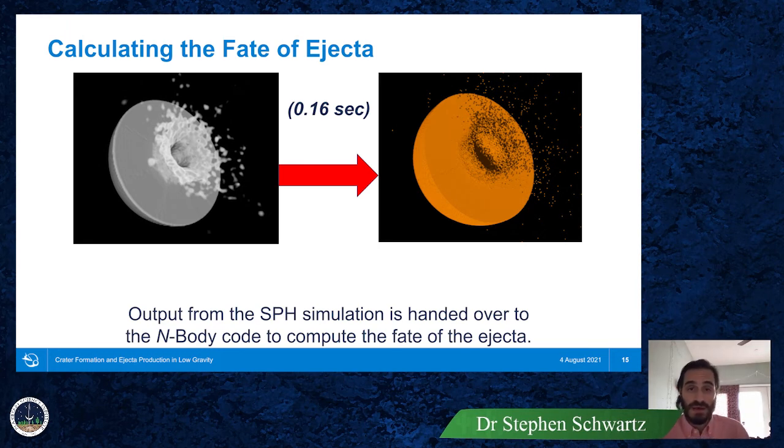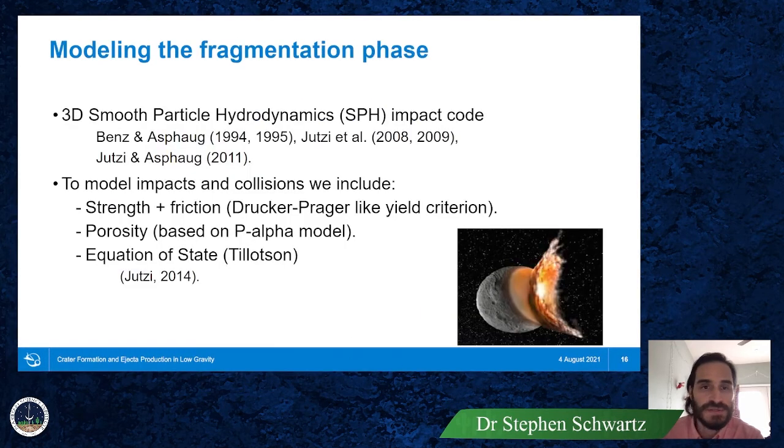I'll just mention, next slide, I've done some work on this in the past. In order to model the fragmentation phase, I've used a 3D smooth particle hydrodynamics code that's worked on by the Benz group in Bern, Switzerland, including Martin Jutzi and Erik Asphaug, and we model the impacts using various strength and friction parameters, porosity, equation of state, and then model the gravitational phase.